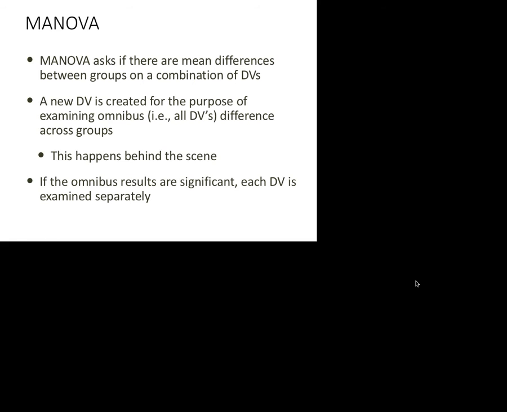Just remember, we have a two-stage process that we work with, and we're going to spend most of our time here talking about the first stage. At this first stage, we're asking, is there a mean difference, or are there mean differences between the groups and some combination of dependent variables that you'd be examining? Say you do an experimental study where you manipulate 2 independent variables and you collect data on 5 or 4 dependent variables.